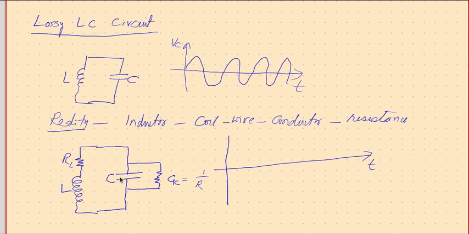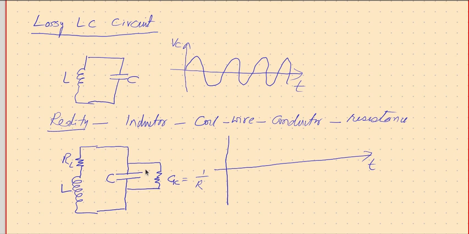Now, when the capacitor is charged, in the previous case, we assumed that it's going to hold the charge, not going to discharge through the dielectric. It has to discharge through the circuit connected to it. But yes, because of this conductance, there is discharge.